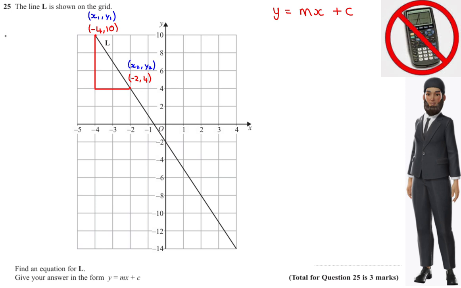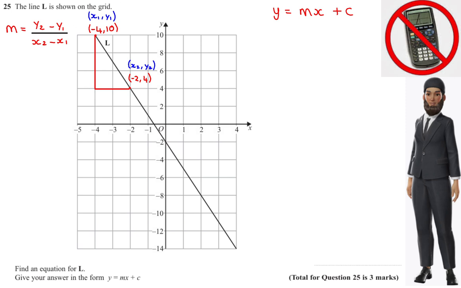Let's follow this. To work out the gradient you need to do m. The gradient, m stands for the gradient, is equal to the difference of the y's, which is going to be y2 minus y1, all over the difference of the x's, which is x2 minus x1. Let me just put a dividing line over there in between.